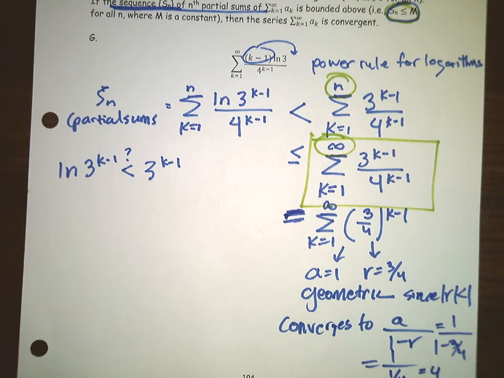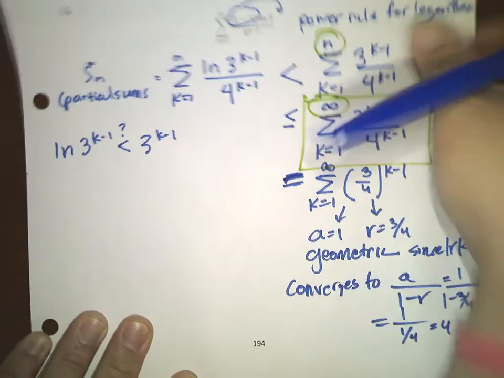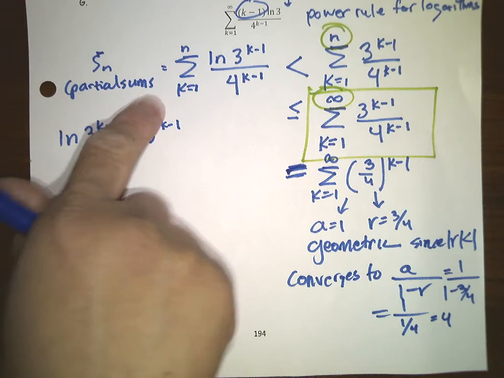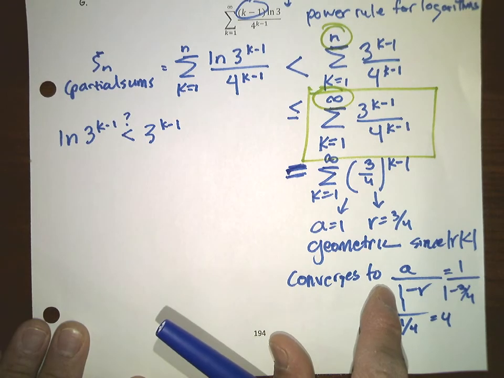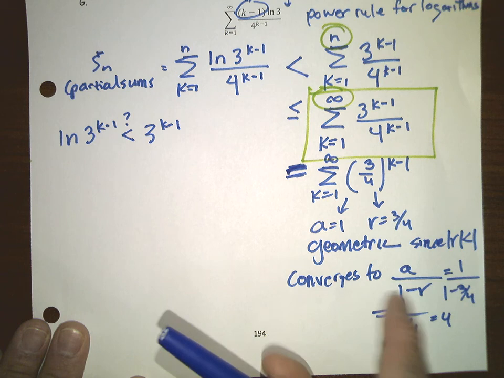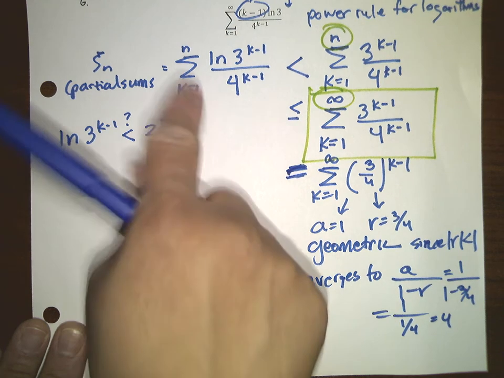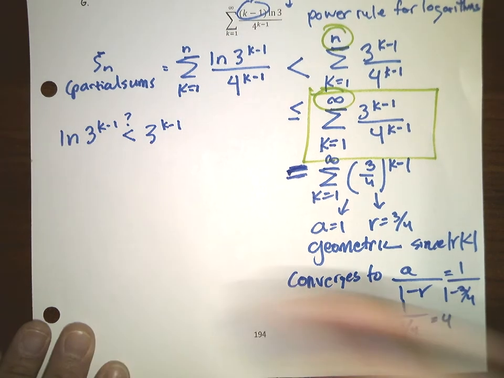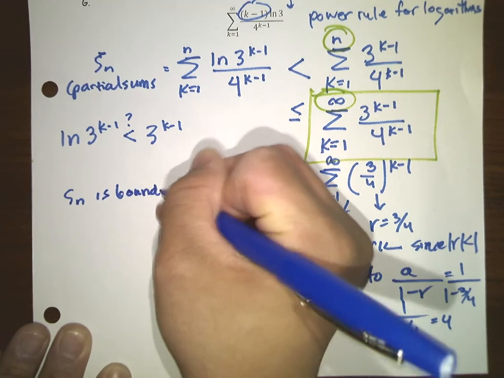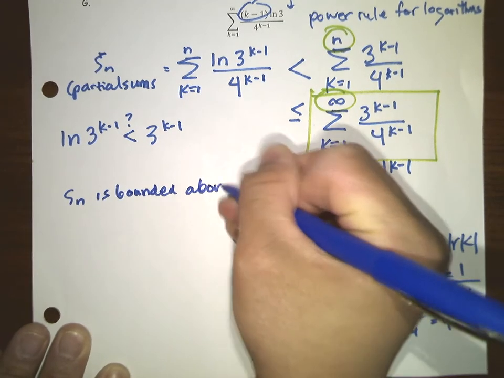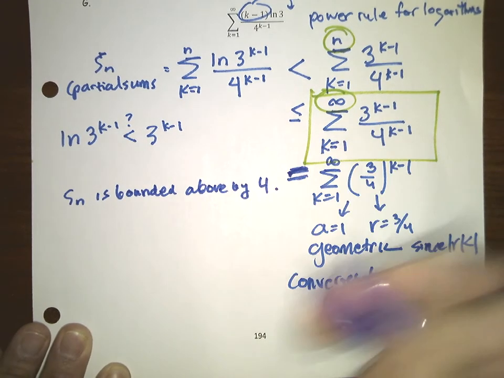So this means that this actually will end up being something that has an upper bound of 4. So that means Sn is bounded above by 4.